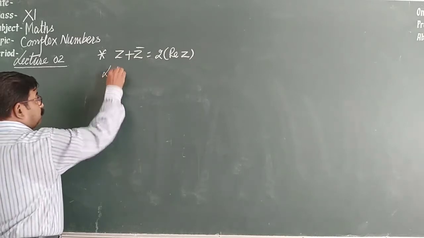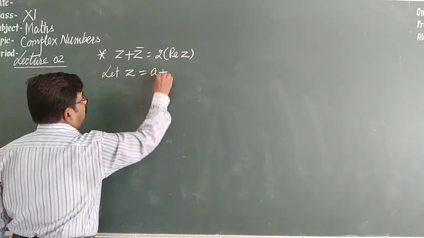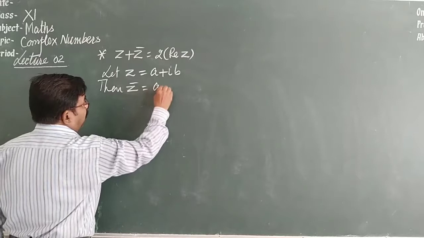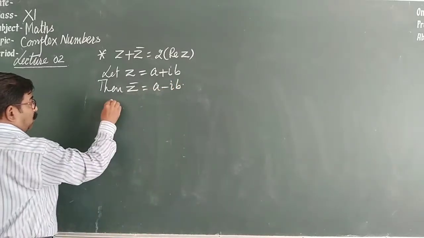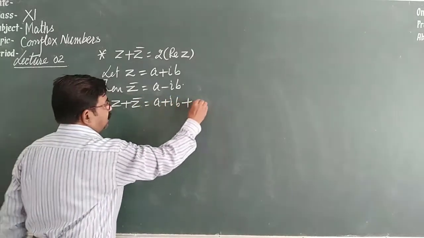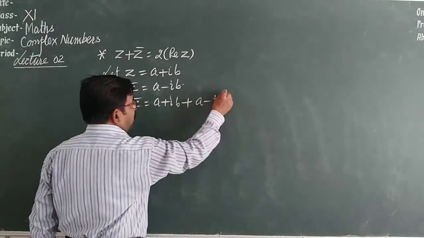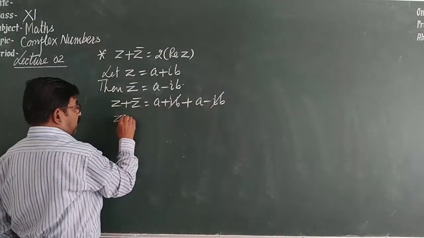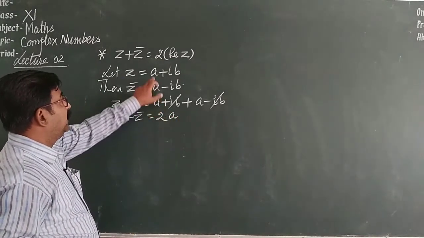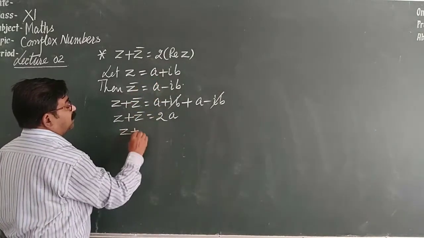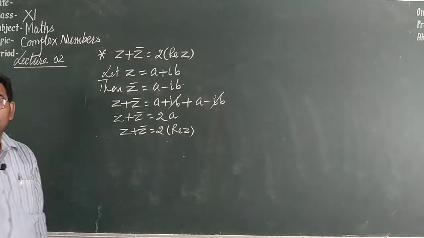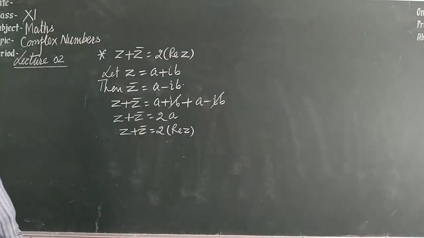Let z is equal to a plus ib, then z bar is equal to a minus ib. Now get the sum. z plus z bar is equal to a plus ib plus a minus ib. The minus ib and plus ib go. So we have z plus z bar is equal to 2a, and a is the real part. So z plus z bar is equal to twice real of z. These are the facts to be learned.